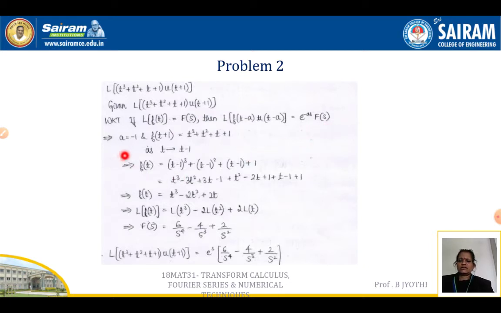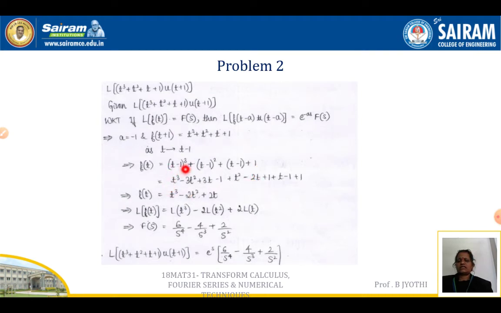So here a is minus 1, and we have to consider f of t plus 1. So t cube plus t squared plus t plus 1, with t tending to t minus 1, so f of t will be t minus 1 whole cube plus t minus 1 whole square plus t minus 1 plus 1.